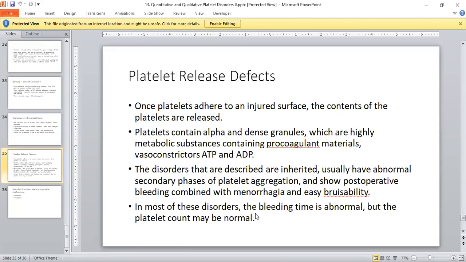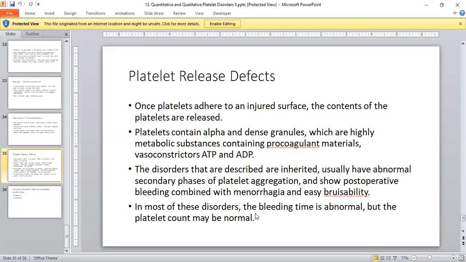So we've seen conditions that lead to either decrease or increase of platelet count. You can also have platelet release defects. Once platelets adhere to an injured surface, the contents of the platelets are usually released. Besides this, it releases things like calcium that activate various factors of the coagulation cascade.